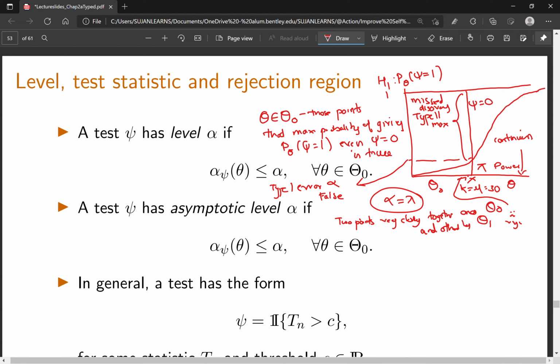Alpha can be anything here: 1%, 2%, 5%, 10%, as you wish, but it's usually a small number. What we are saying is that the probability of false discovery should not be more than alpha.